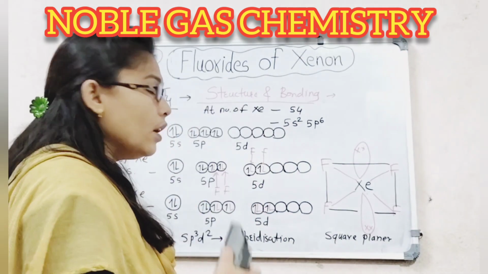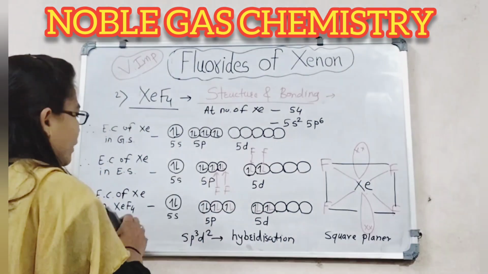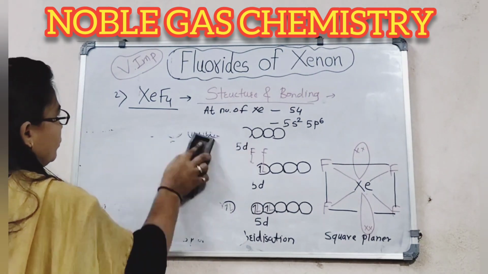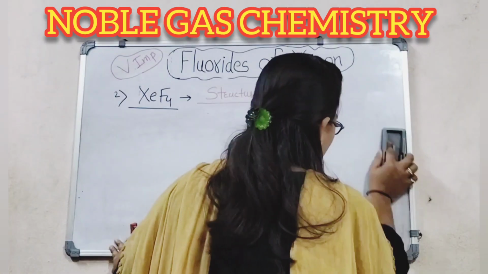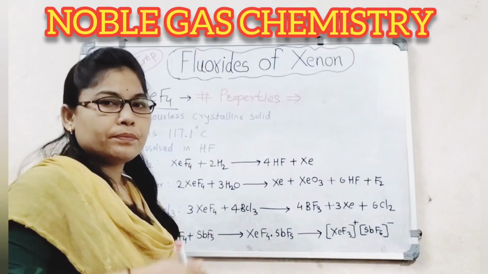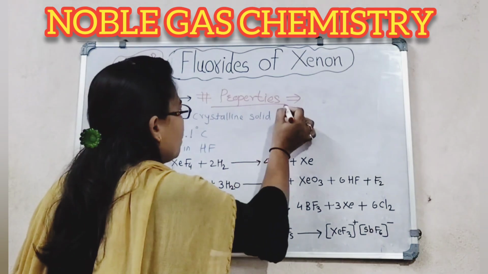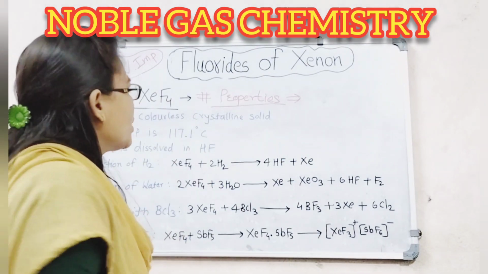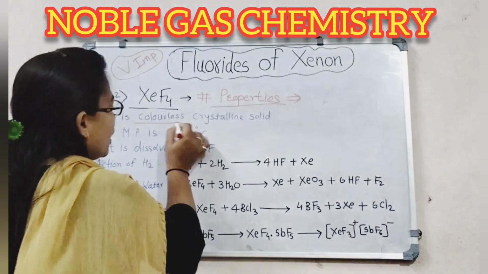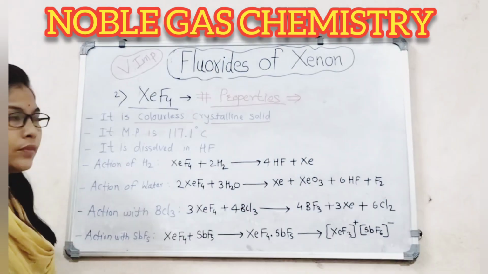Then we see the properties of xenon tetrafluoride. First property: it is a colorless crystalline solid.